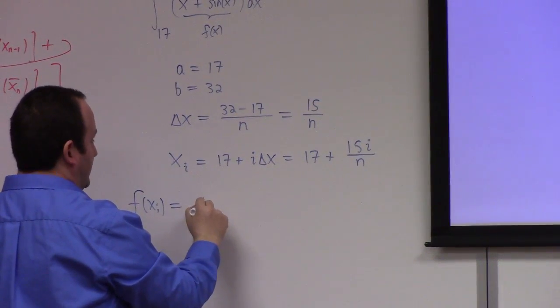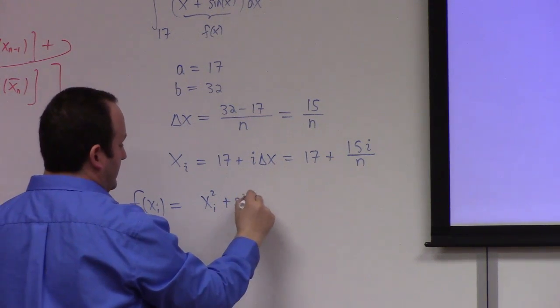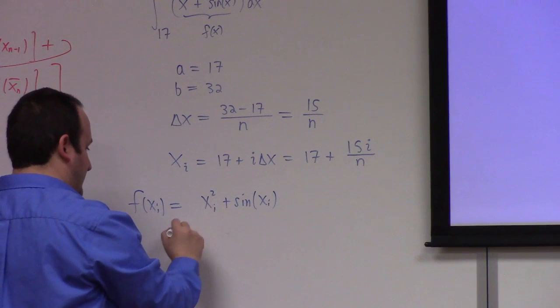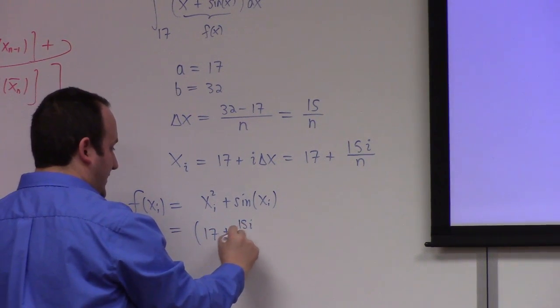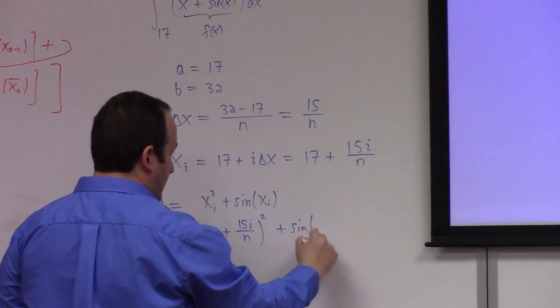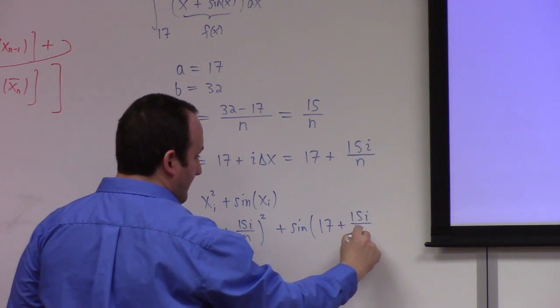I have to do x sub i squared plus the sine of x sub i. So let's see, that actually is (17 plus 15i over n) quantity squared, plus the sine of 17 plus 15i over n.